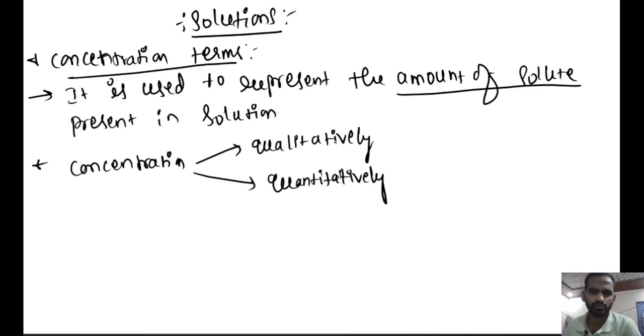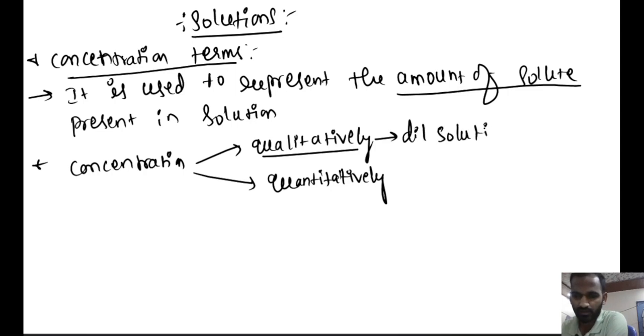So how can we find concentration qualitatively? In lower grade standards we learn about this kind of words. For example, dilute NaOH or dilute solution, or one more word you may have heard, that is concentrated solution. So what is the meaning of this?